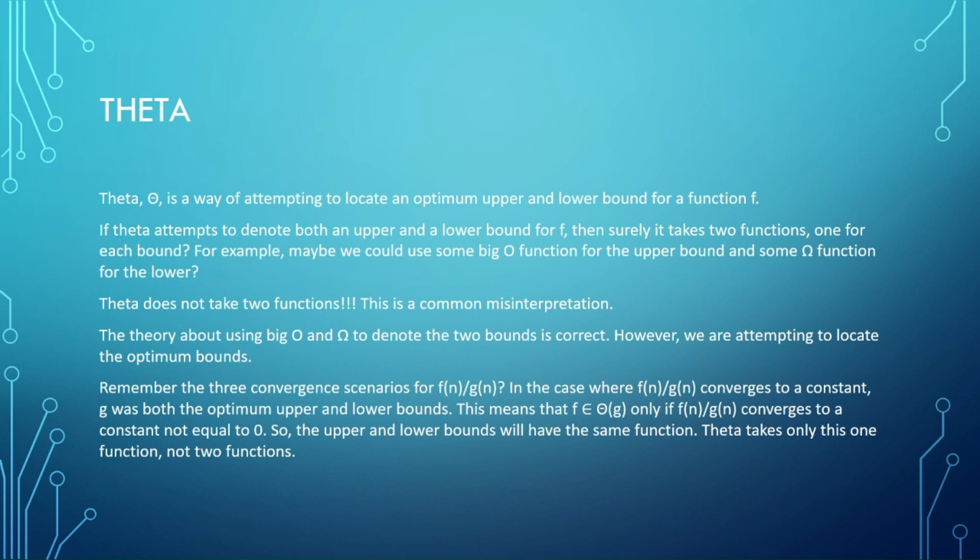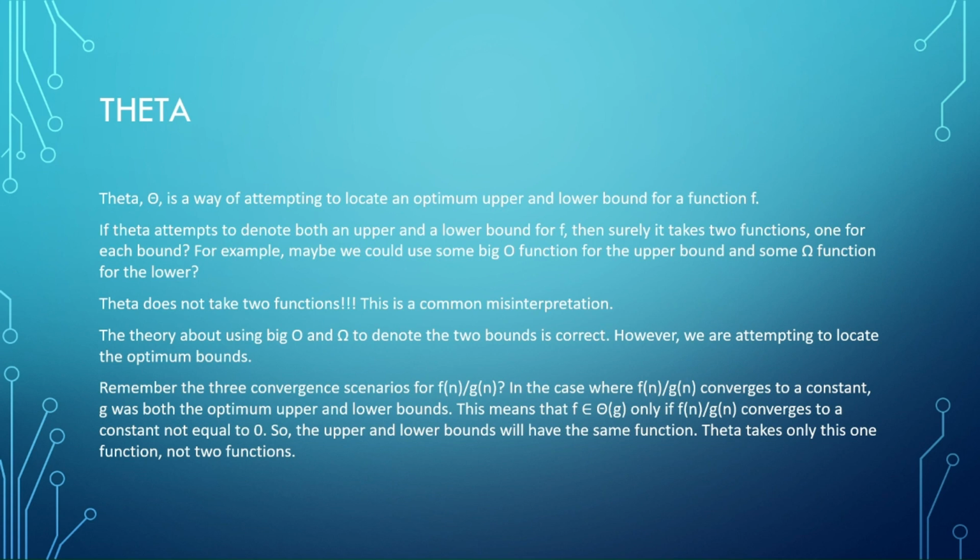So remember the three convergence scenarios for f of n over g of n. In the case where f of n over g of n converges to a constant, g was both the optimum upper and lower bounds. And so because theta attempts to locate the optimum upper and lower bounds, we have f is of theta g only if f of n over g of n converges to a constant and not equal to 0.